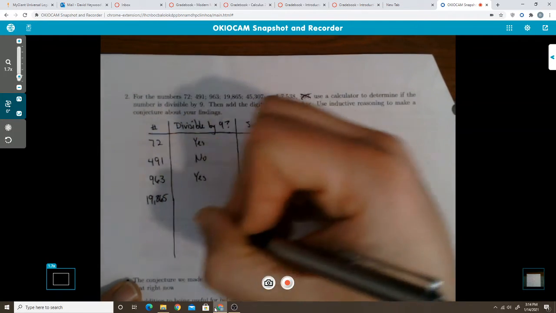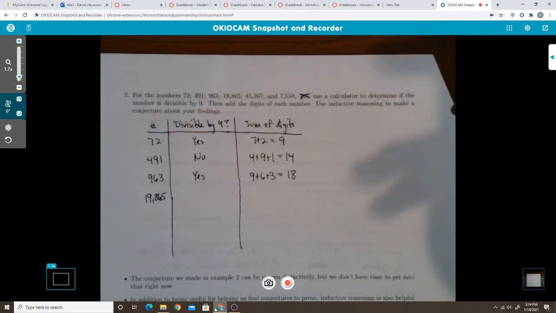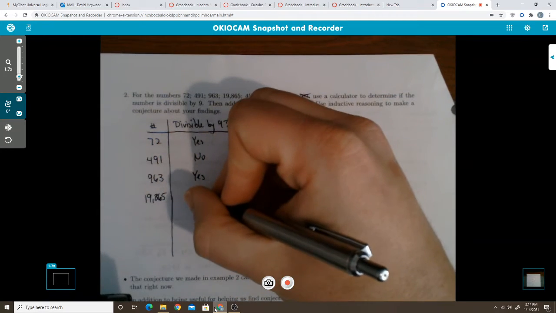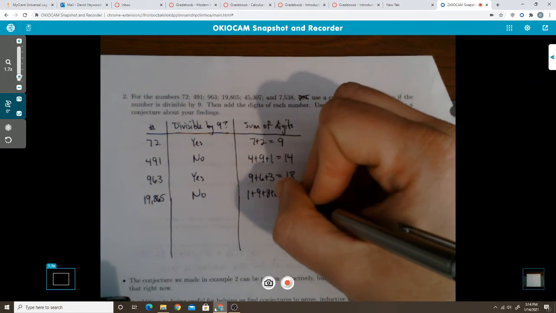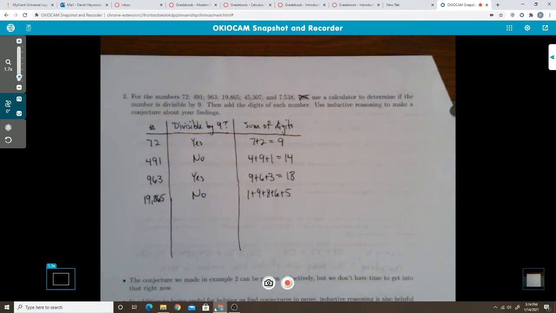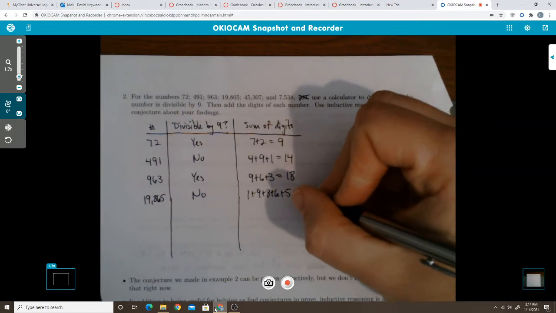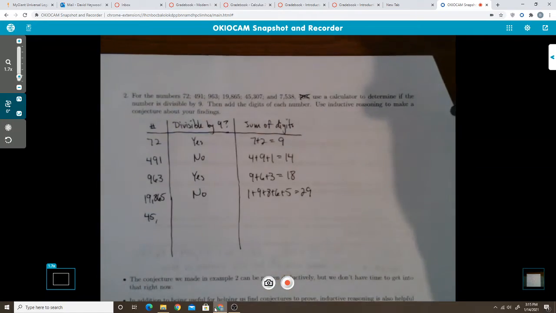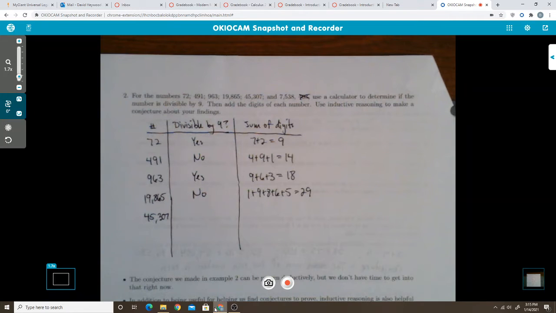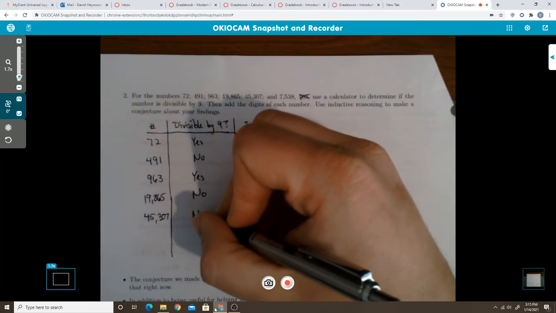19,865. Let's see if that's divisible by 9. No. What's the sum of its digits? 1 plus 9 plus 8 plus 6 plus 5 is 29. Okay, just a couple more. 45,307. That's also not divisible by 9.